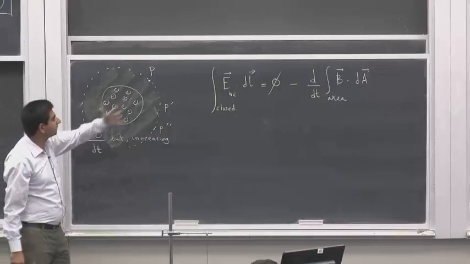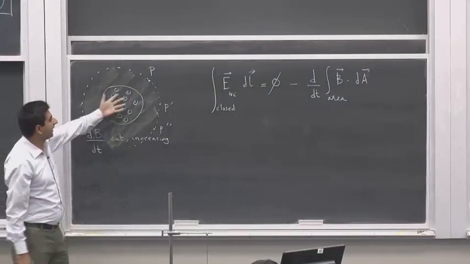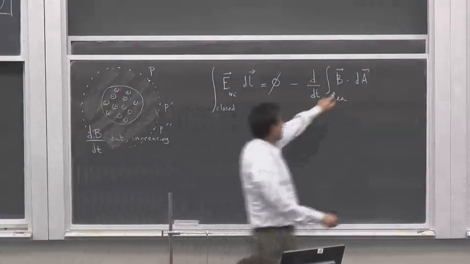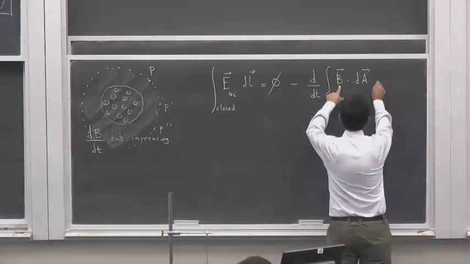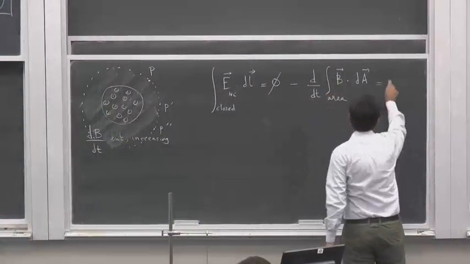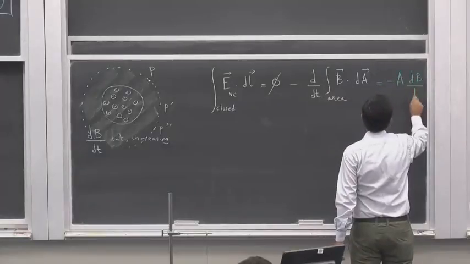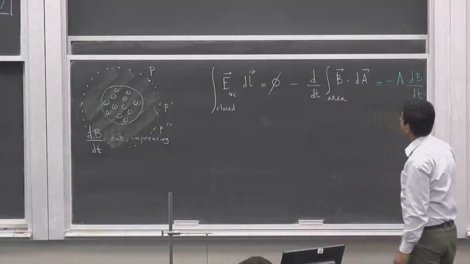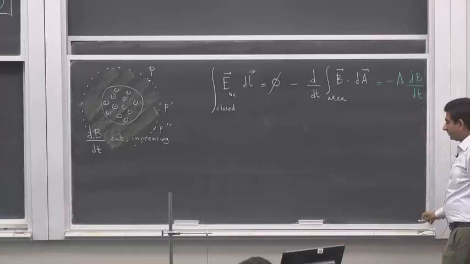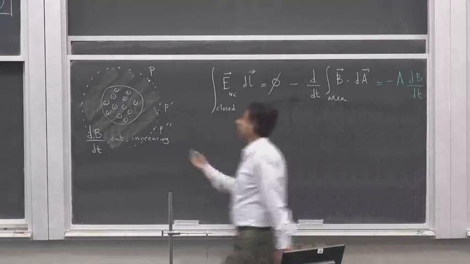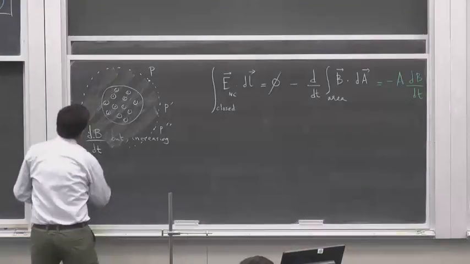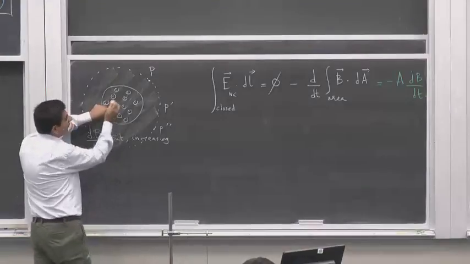So if this flux is pointing out, because the field is pointing out, the area is pointing out, and if this field is changing with time, and if I take the integral, this will become minus A dB by dt. Because locally, everywhere, the field is pointing out and the area is also pointing out.